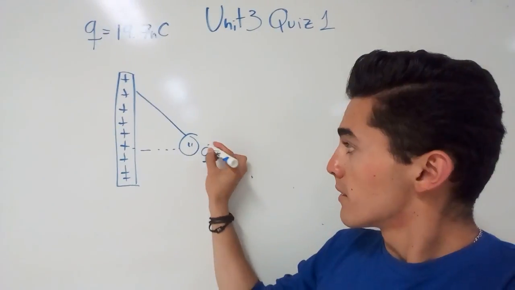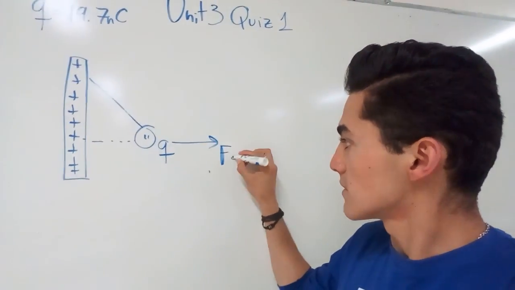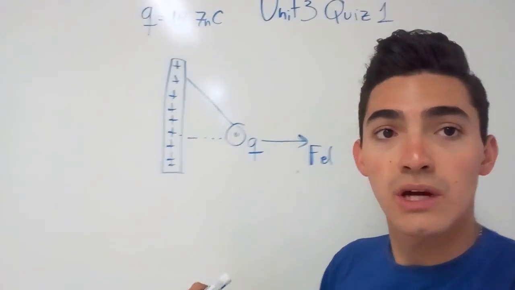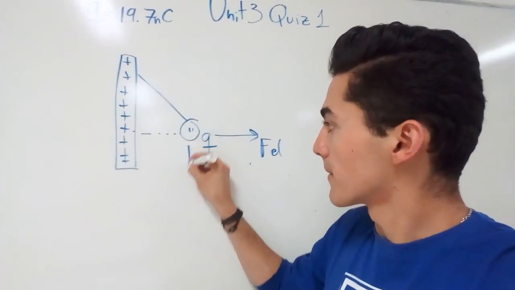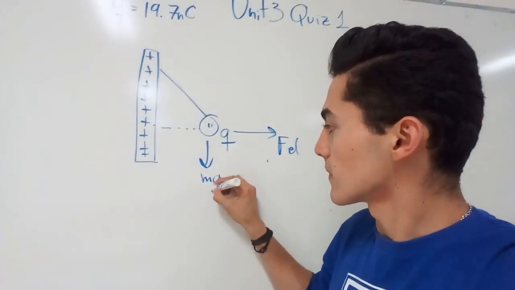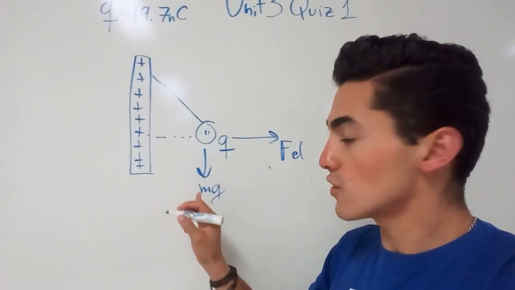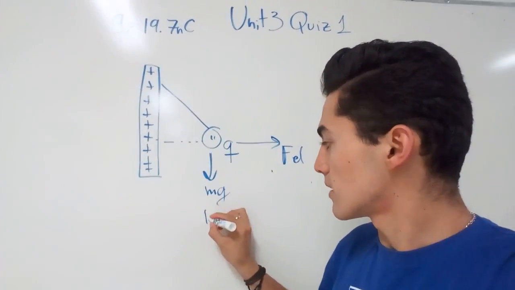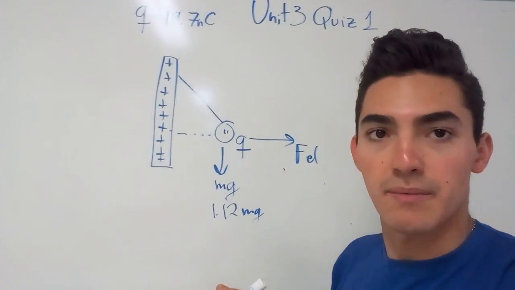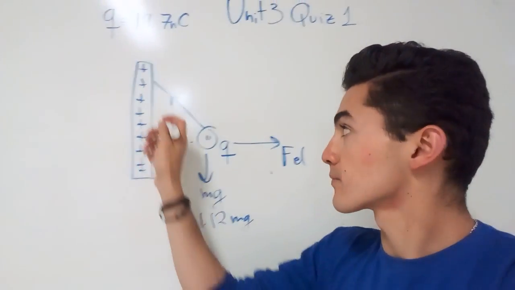So here we will have an electrical force on the charge, but also we will have another force that is our mass times our gravity. The mass of the charge is equal to 1.12 milligrams, and we will have here our tension.